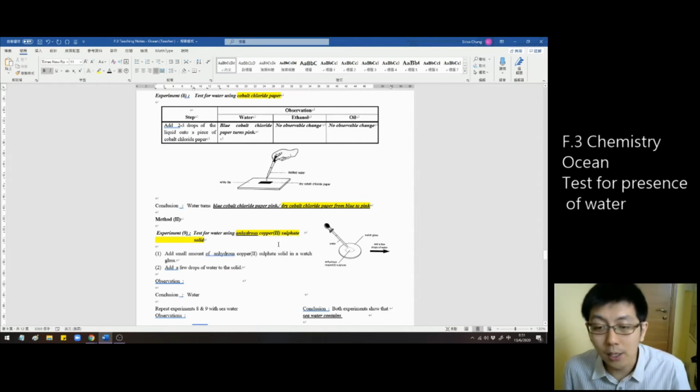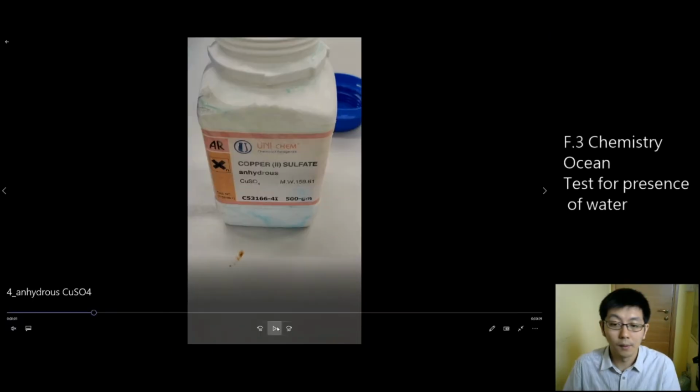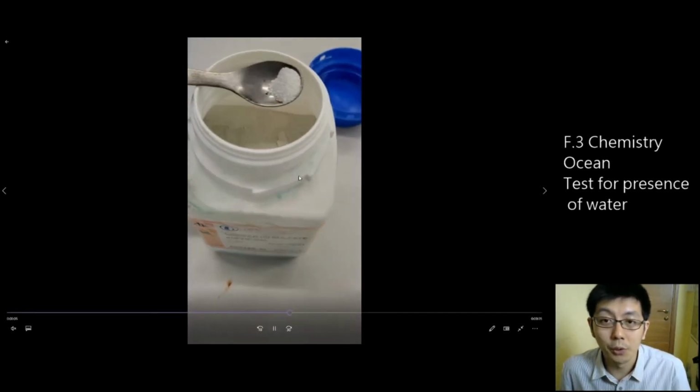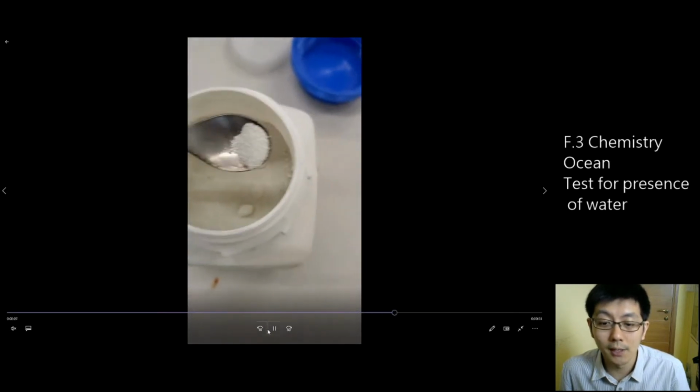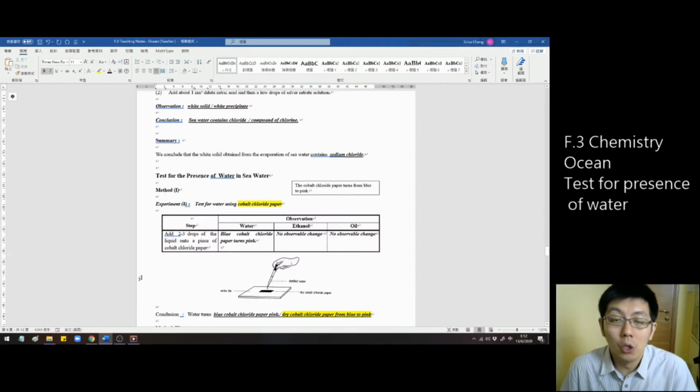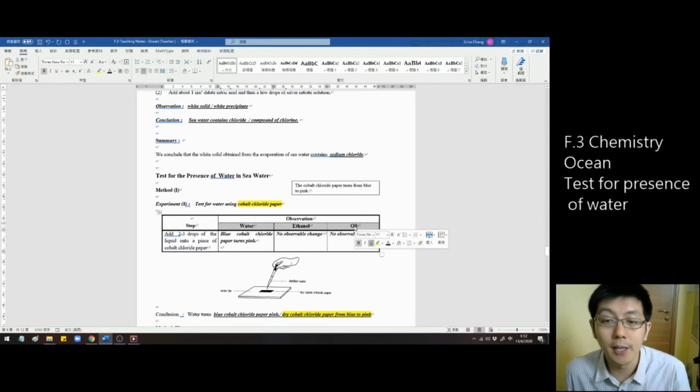So let's see what is the appearance of copper(II) sulfate solid. This is a bottle of anhydrous copper(II) sulfate solid. So you see, they exist as white solid, white powder. So what will happen if we add the anhydrous copper(II) sulfate solid into these 3 samples?